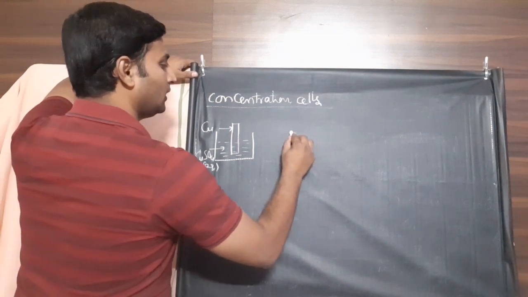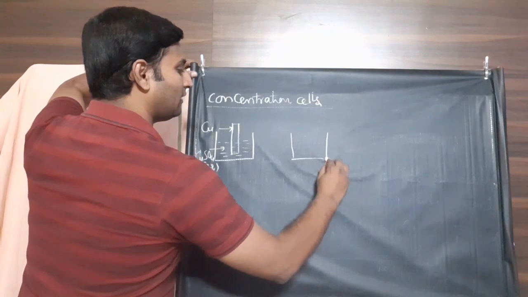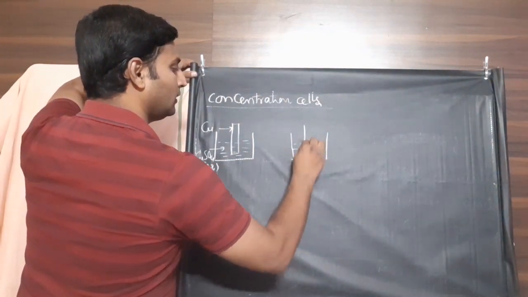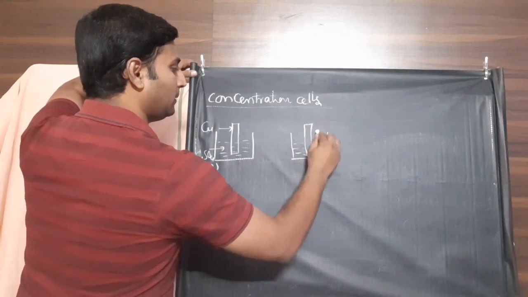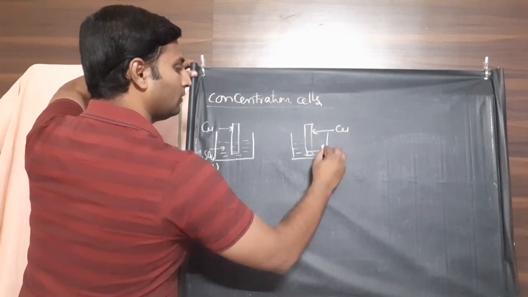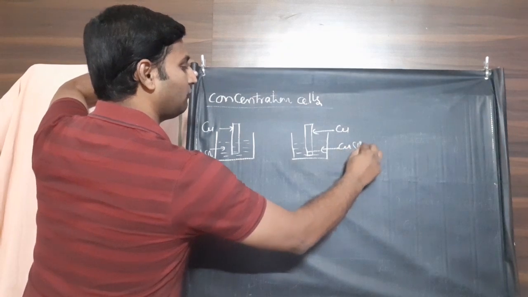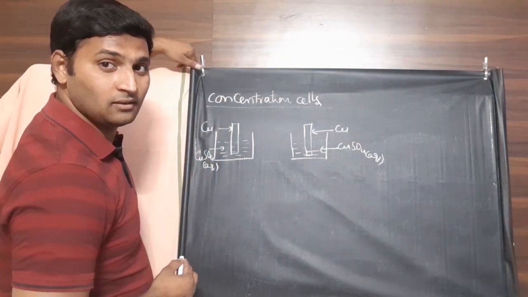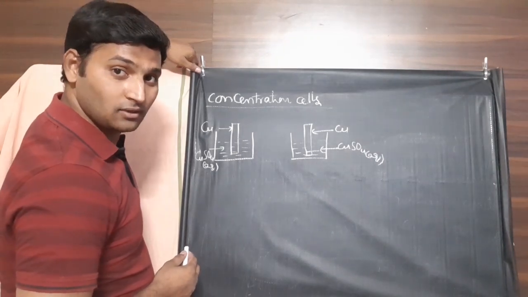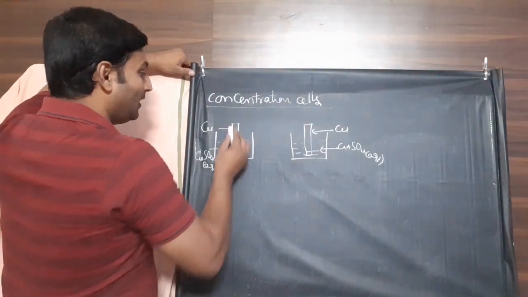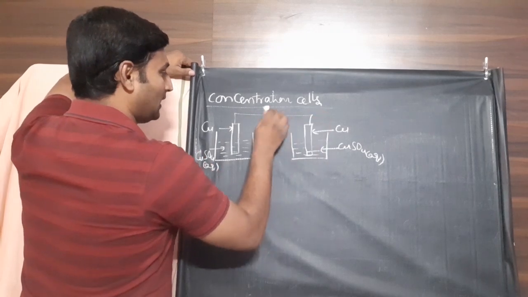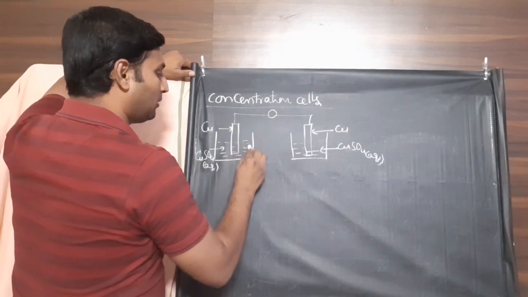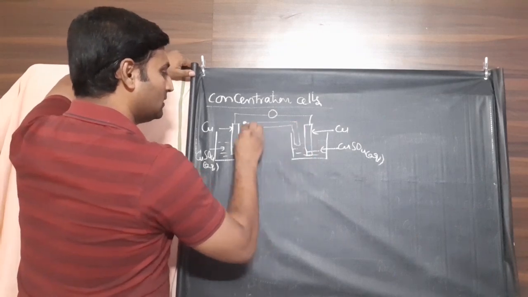In the right half vessel, I have got copper dipped in copper sulfate solution. What am I saying? Did I confuse? Let us see. As usual, both metallic plates are connected by metallic wire and both solutions are connected by a salt bridge.